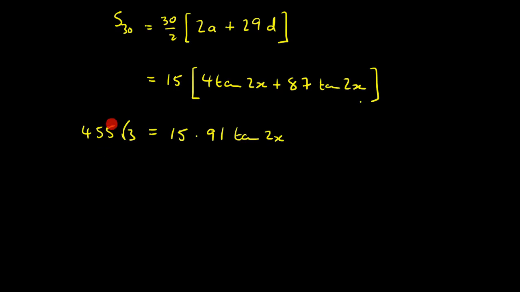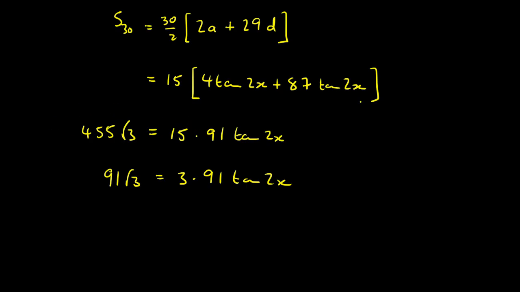And so 455 will factorize to give 91. So that's going to be 91 root 3 equals 15 times 91 tan 2x, and if you're wondering what I've done there, I've divided both sides by 5.